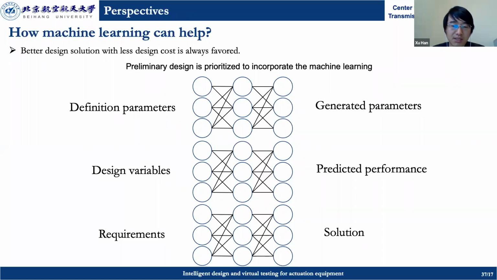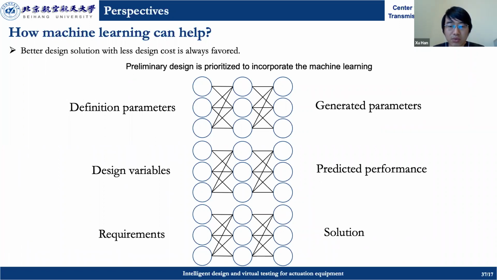And the most exciting goal is to use the machine learning-based model to design an actuator directly, which means we just feed the requirements of the actuator to the models based on machine learning, and then it can output a design solution for the actuator.